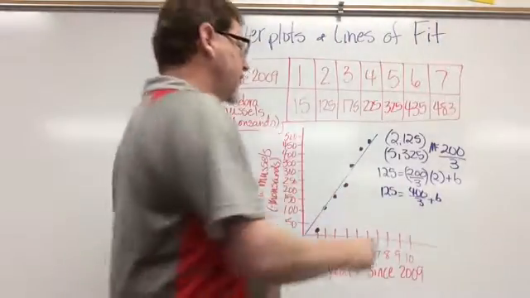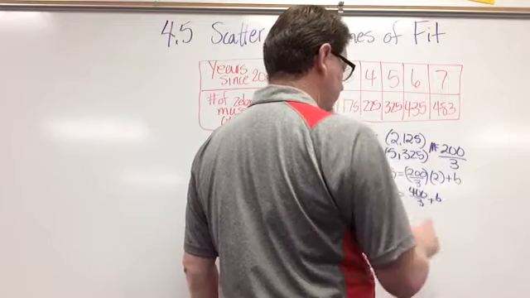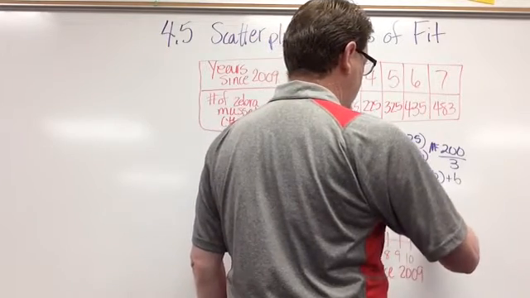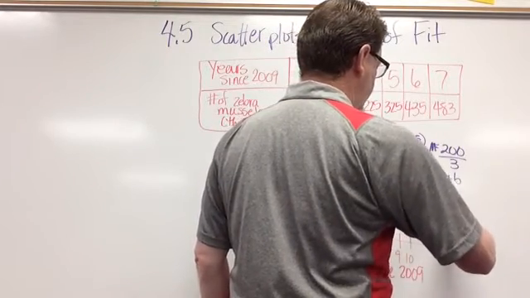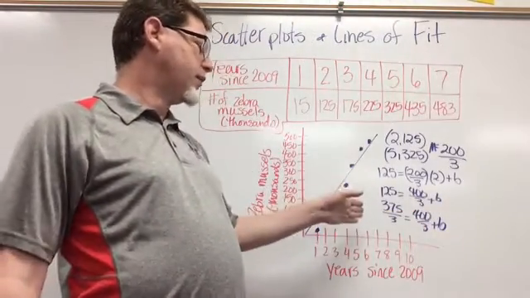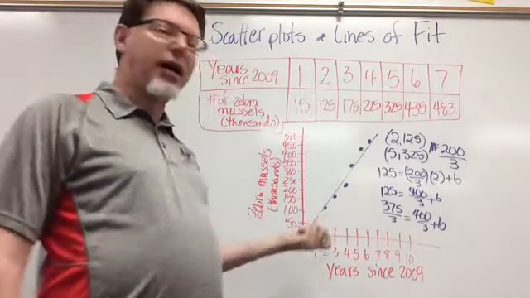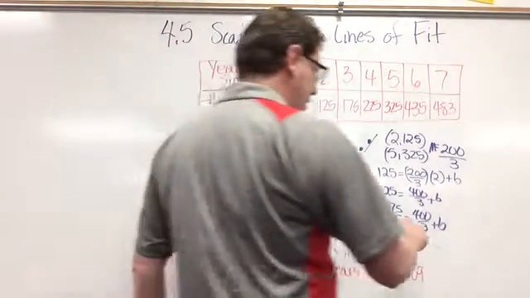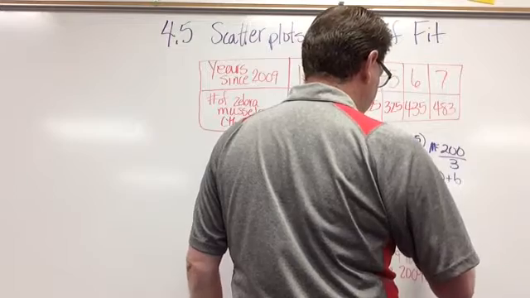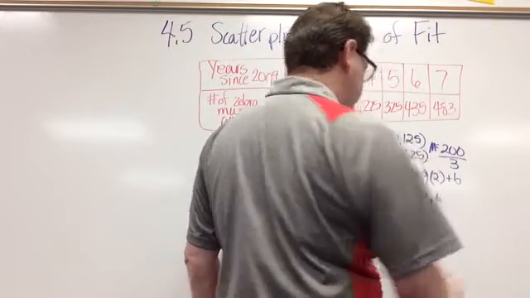I know that 125 is 375 over 3 equals 400 over 3 plus b. And now I move 400 over 3 to the other side, and I subtract those two, and I get negative 25 over 3 equals b.